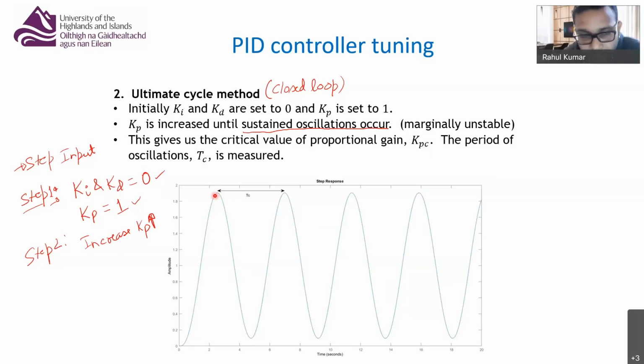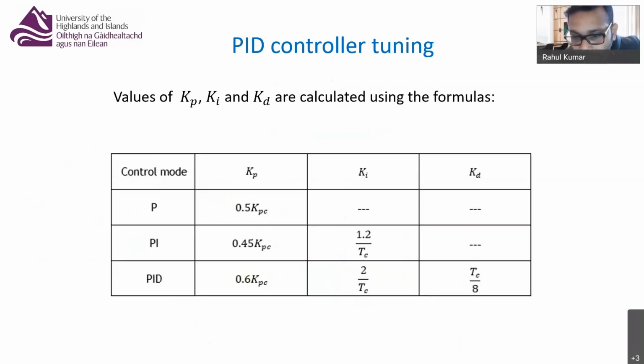What is the time period? Right, so we measure the time between the two peaks like that, and we denote that by Tc. Right, so we got these two values and we can use these two values to find the value of Kp, Ki and Kd by using these equations.